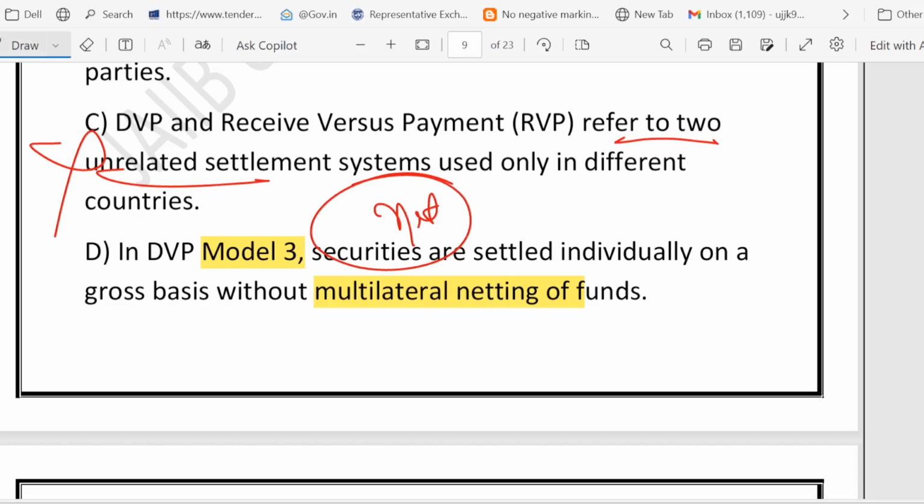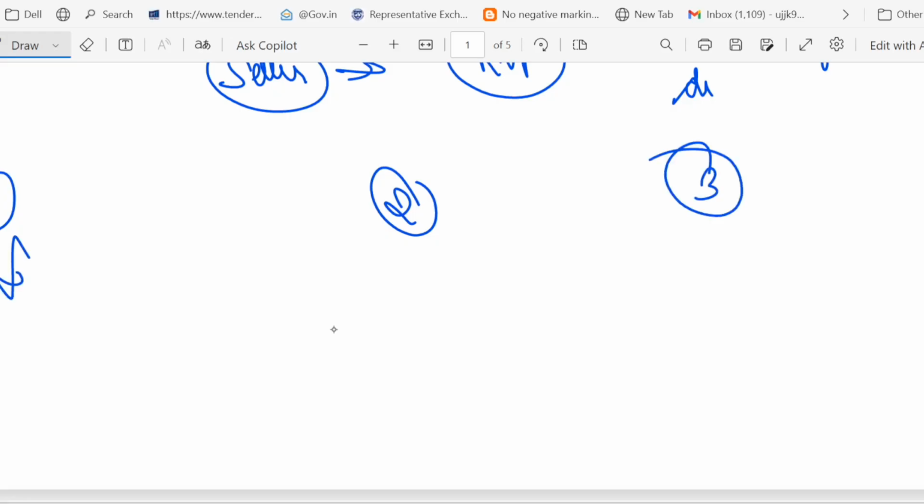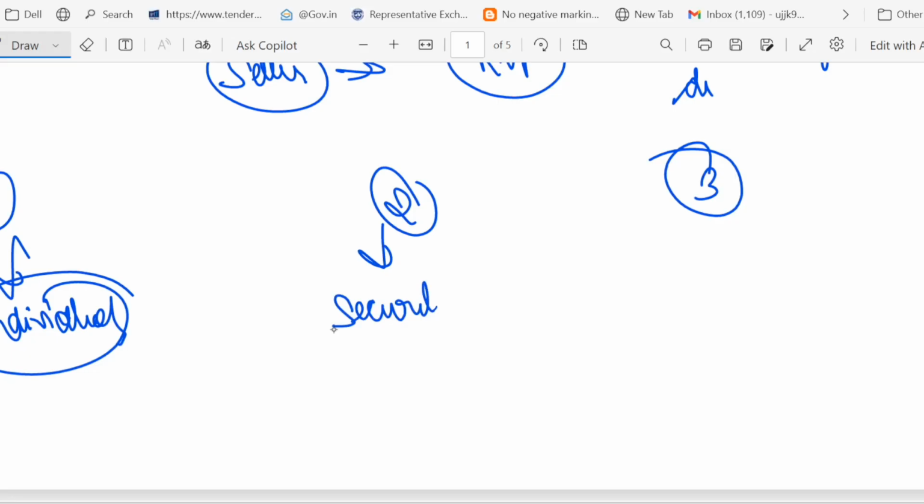So in short, there are three models of DVP, right? Model number 1, model number 2, model number 3. In model number 1, they are settled individually. That is called gross settlement, right? Individual settlement happens. In model number 2, securities are settled gross, and funds are settled net.